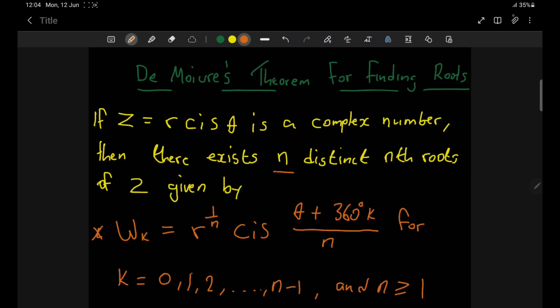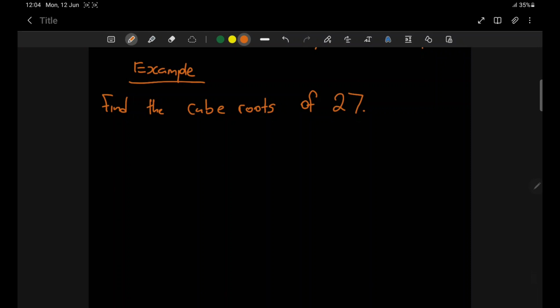Let's have our first example. In this example, we're saying find the cube roots of 27. If we're going to apply De Moivre's theorem for finding roots, we're first going to convert the 27 into trigonometric form, as it is in standard or rectangular form.